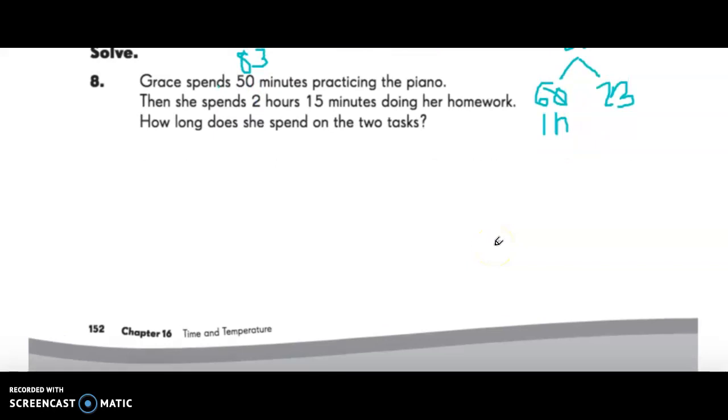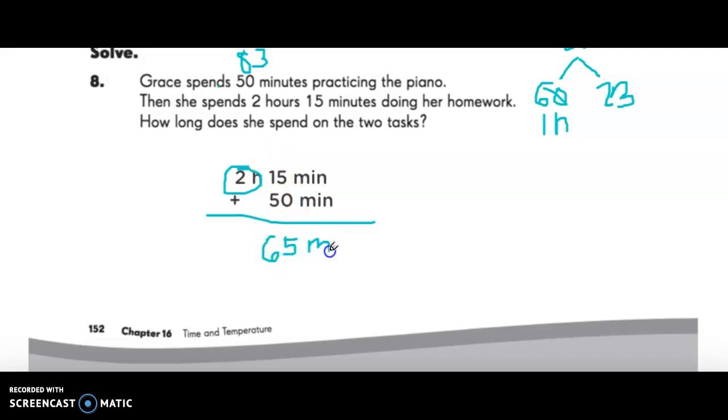And for number 8, Grace spends 50 minutes practicing the piano, then she spends 2 hours 15 minutes doing her homework. How long does she spend on the 2 tasks? So we're going to add here first our minutes, circle our hours so we don't forget. 5 plus 0 gives us 5, 5 plus 1 gives us 65 minutes. Once you get good at this, you can start doing it a little quicker, but 65 minutes, we're going to break that up.